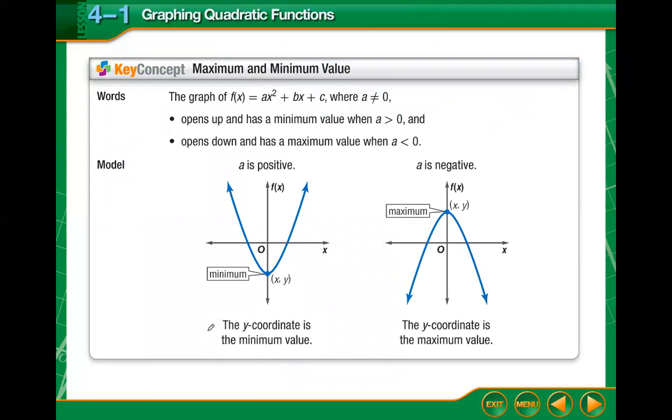Minimum and maximum values in a quadratic pretty much just mean what is the highest point and what is the lowest point. If your a value is negative, you will have a maximum. So this would be a negative a value. If it opens up, we have a positive a value, which means you would have a minimum.